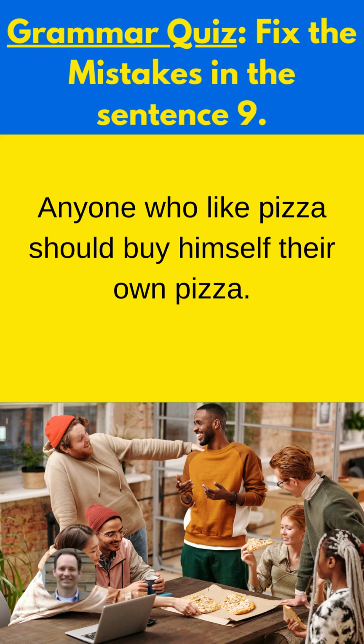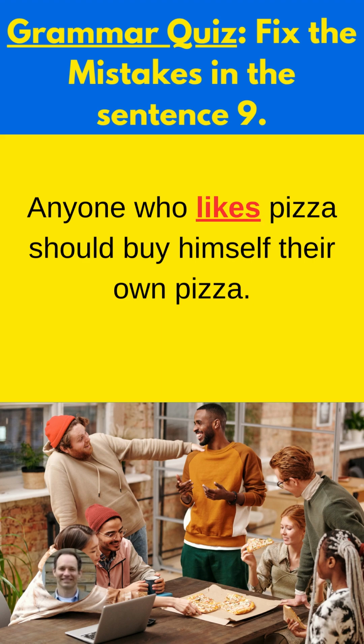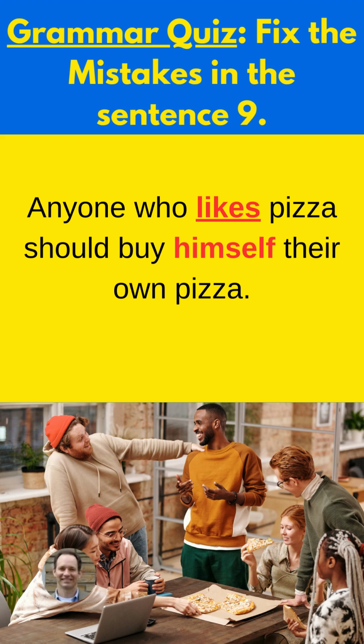Fix the mistakes in this sentence. The first problem is with anyone who like. Anyone takes a singular form of the verb, so it should be anyone who likes pizza. My next problem is with himself. If anyone is referring to a group of men, himself would probably be okay, but in this case, it might be very general, meaning both men and women.